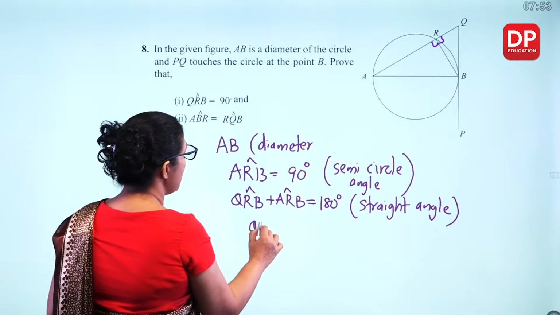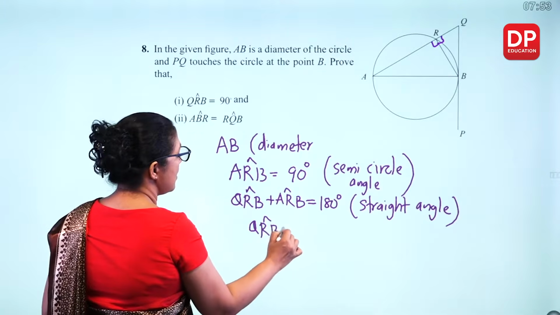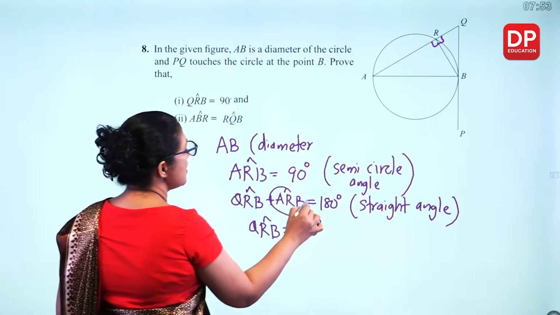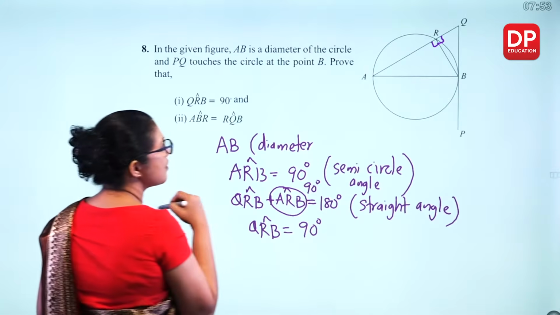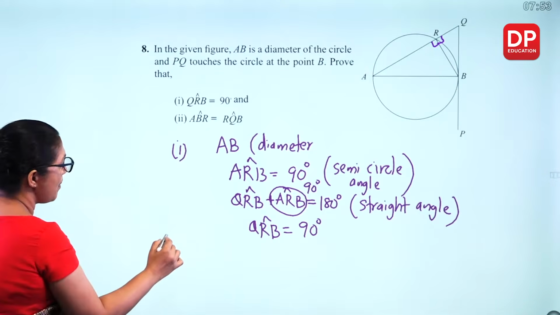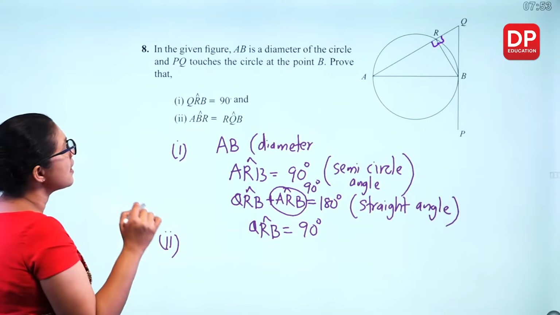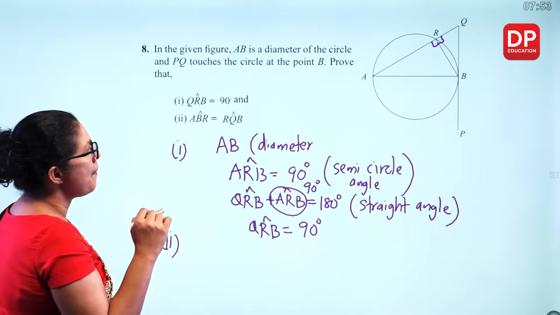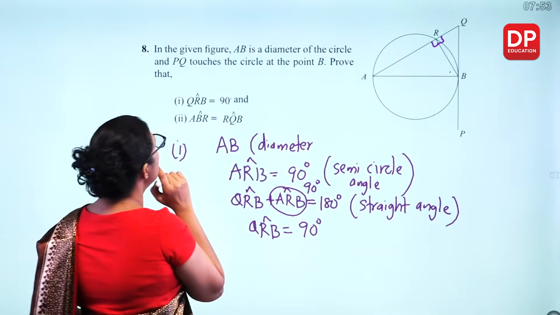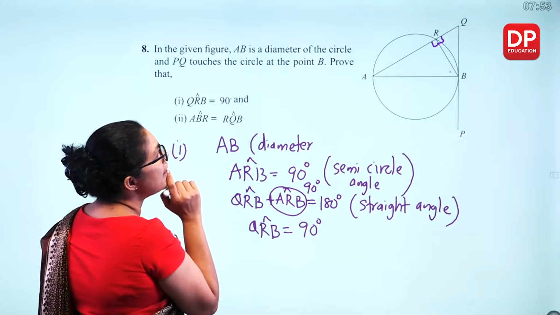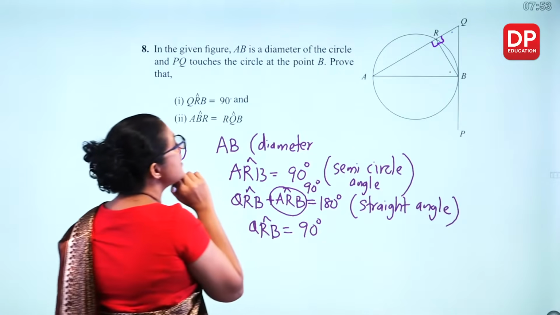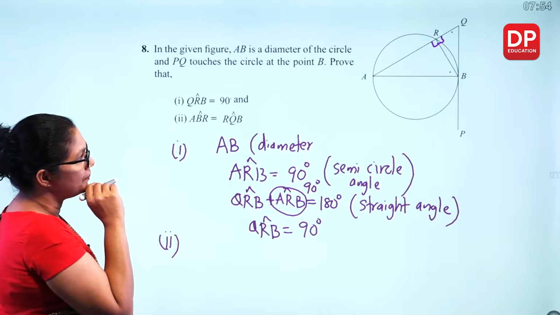QRB is 90 degrees because this one is 90 degrees. That's the first part. Second part: angle ABR, this angle, and angle RQB, this angle. You have to show that these two are equal.